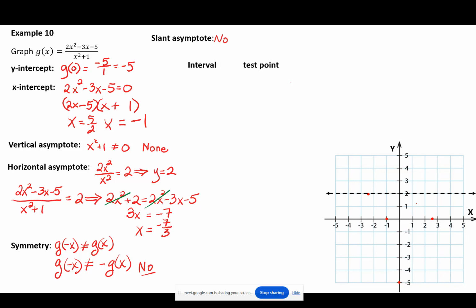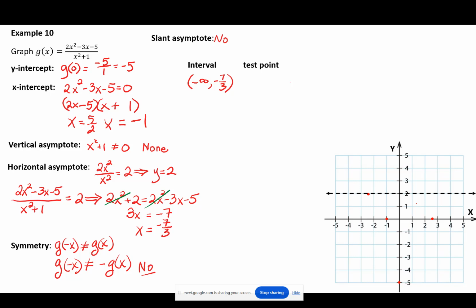So we're looking at the interval from -infinity up to -7/3. -7/3 is where the function crosses or touches, whichever, that horizontal asymptote. So we're going to see what's going on from -infinity up to -7/3. We check a point.